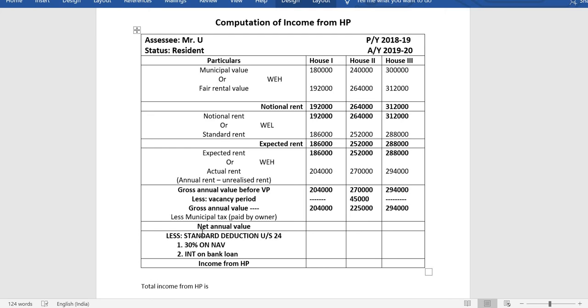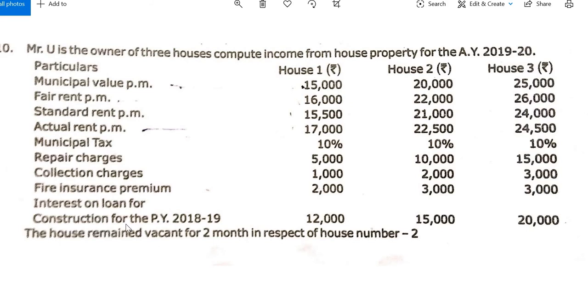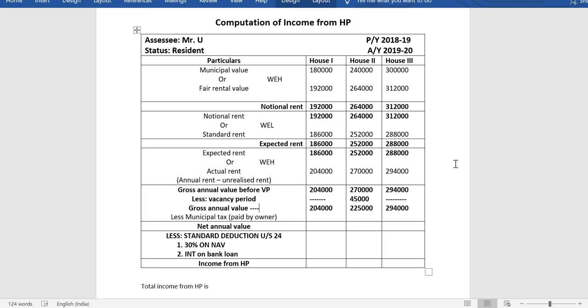Now you need to deduct the municipal tax paid by the owner. Go and check how much it is. Repair charges, collection charges, fire insurance premium, interest on loan, municipal tax. It is 10% for all 3 houses, on the GAV. For house 1, what is the GAV?